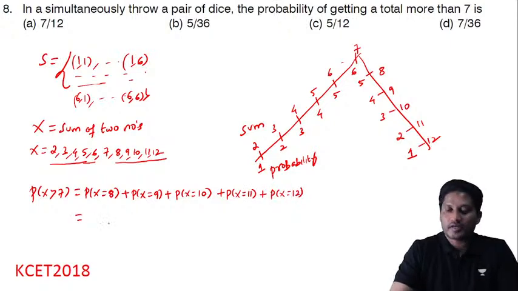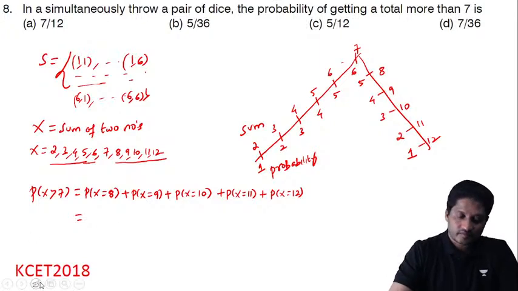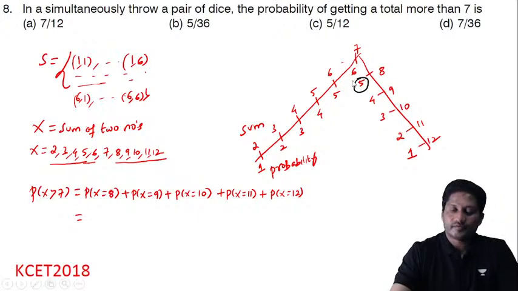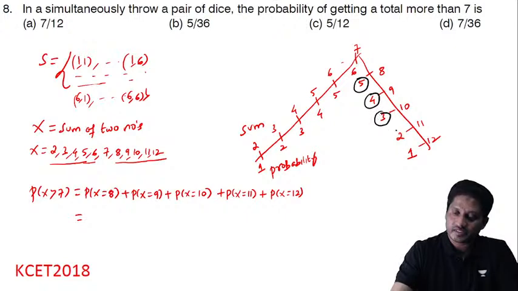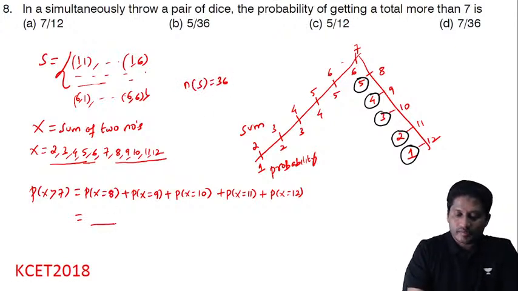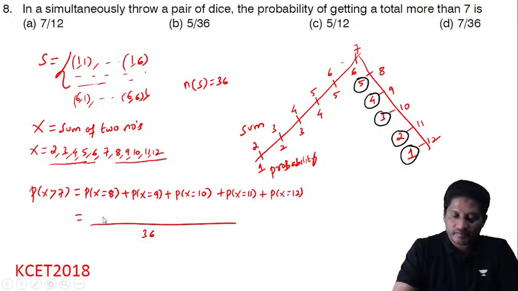Now the probability of getting sum 8 is 5 by 36, then 4 by 36, 3 by 36, 2 by 36, 1 by 36. N of S is equal to 36, the total outcomes.